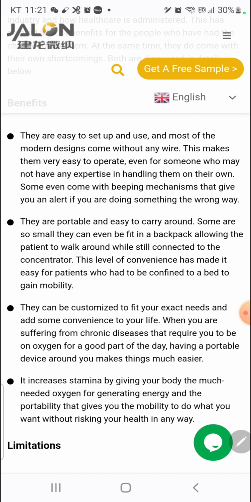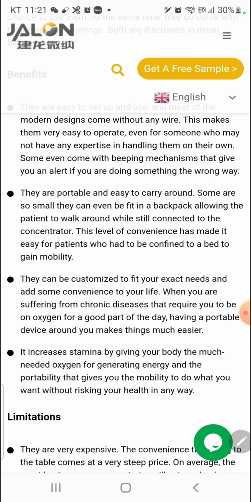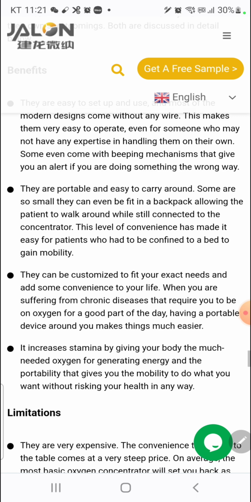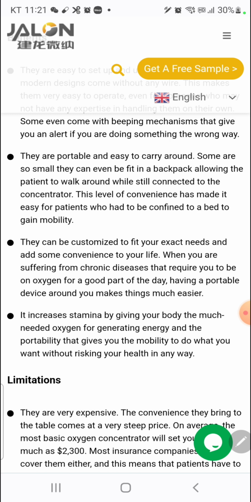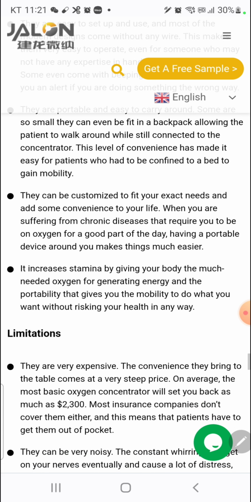Some are so small they can even be fit in a backpack, allowing the patient to walk around while still connected to the concentrator. This level of convenience has made it easy for patients who had to be confined to a bed to gain mobility. They can be customized to fit your exact needs and add some convenience to your life.